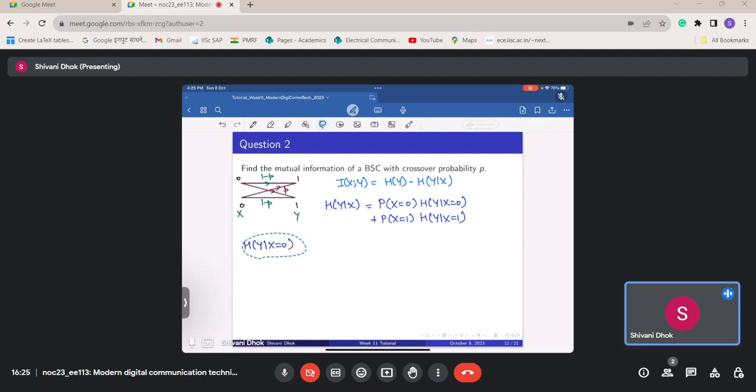This will be equal to probability that Y equal to 0 given X equal to 0 into log of 1 upon probability that Y equal to 0 given X equal to 0, plus probability that Y equal to 1 given X equal to 0 into log of 1 upon probability that Y equal to 1 given X equal to 0.